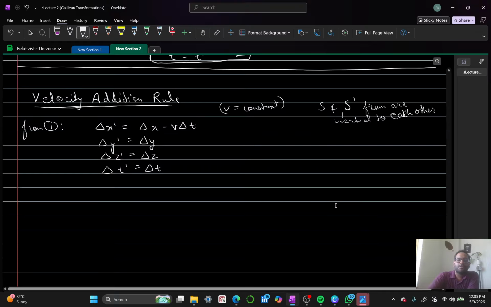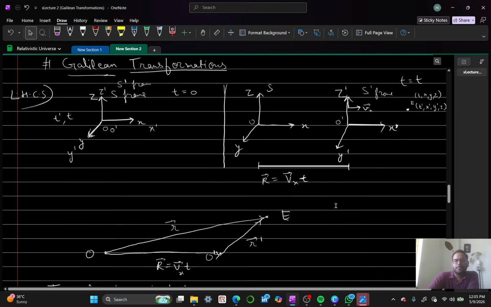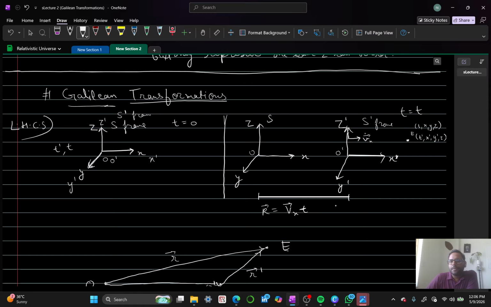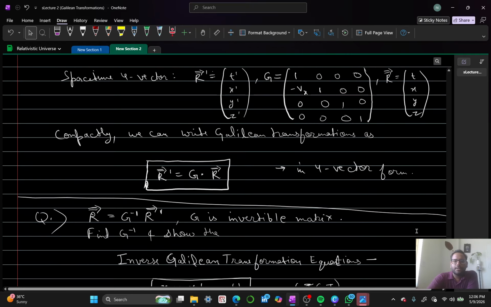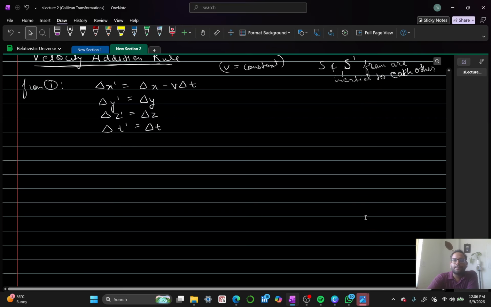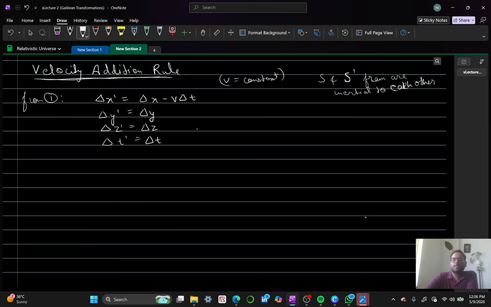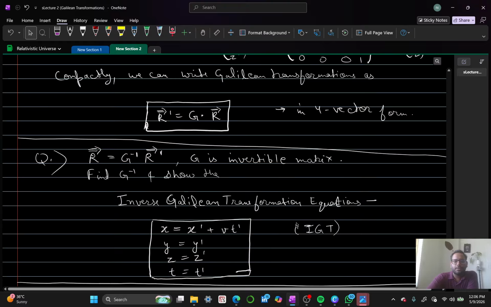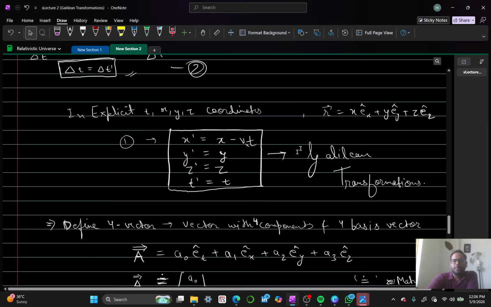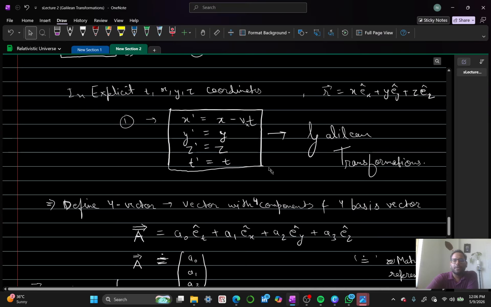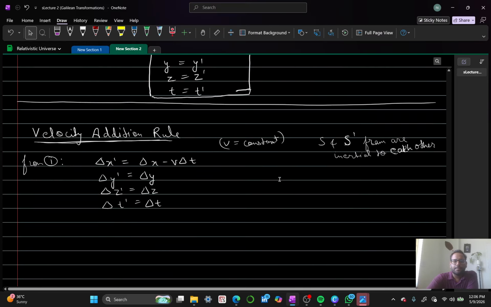You can also observe things from the S prime frame: this frame will be moving in the negative x direction with the same velocity but in the opposite direction. So you will find the same equations from that too, but with the inverse transformations, because the direction of the velocity is now opposite.